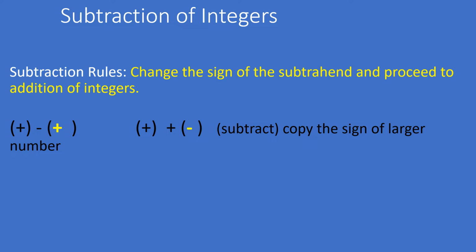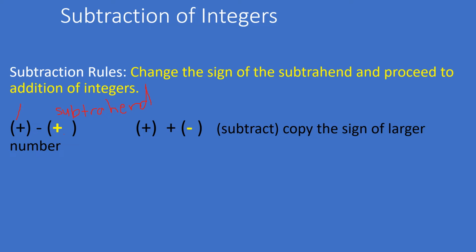What you are going to do here is, this is the subtrahend, the second number. And this is the minuend. Okay, so this is the concern. It says that change the sign of the subtrahend and proceed to addition.